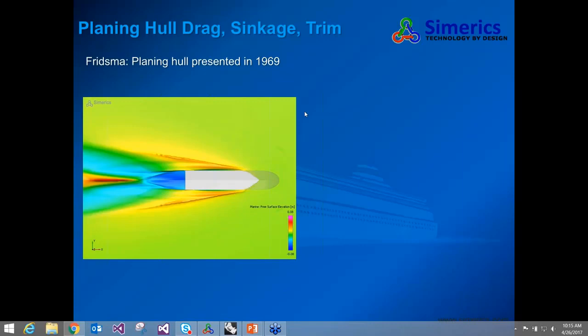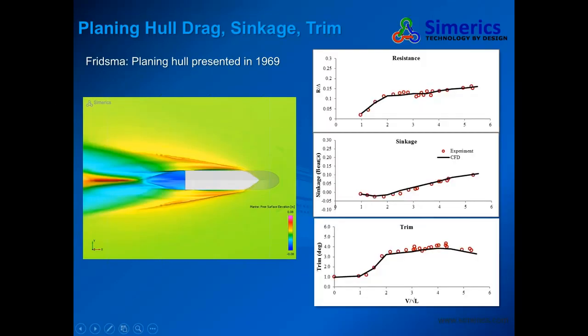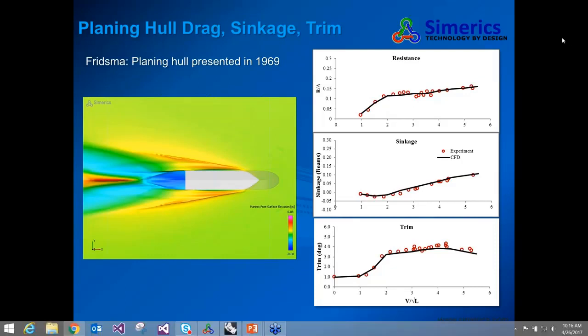It has a large variety in the experiment series, with different designs of deadrise angle. The experiment used different displacements and different center of gravity positions. Here is one example of our comparison with the resistance, sinkage, and trim.